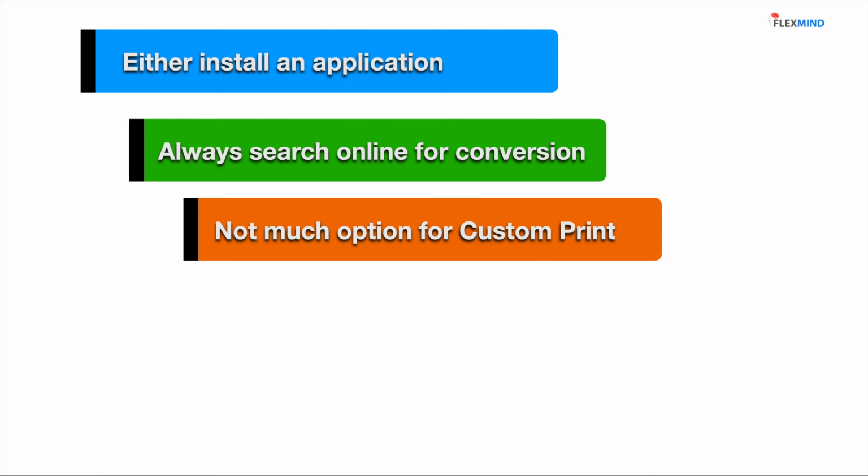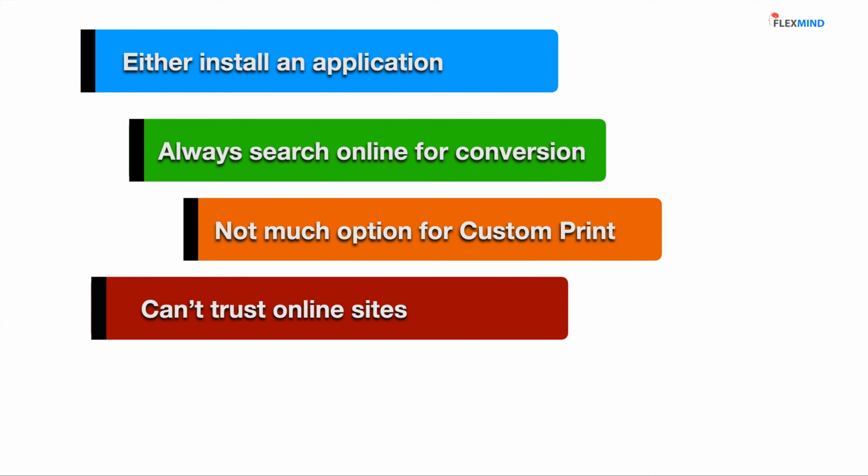There are not many options for custom printing on online websites. Like if you give them 30 pages of PDF, you will get 30 different images in a zip file. But let's say you want only page number 5, page number 7, and page number 9, or only the first page, or only the last page. So those options you will not get.